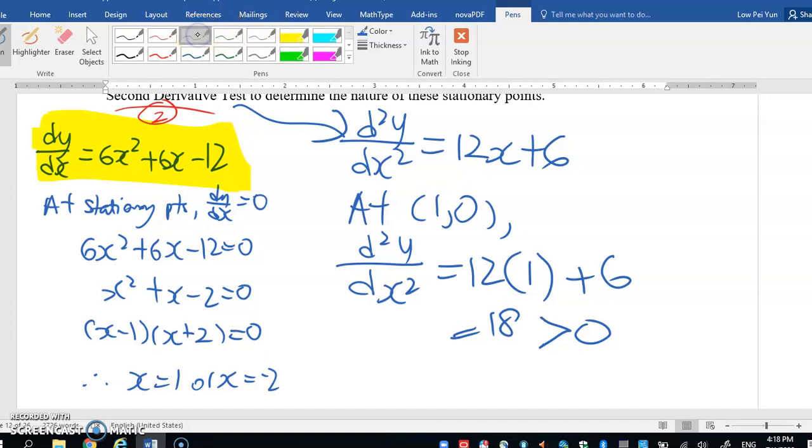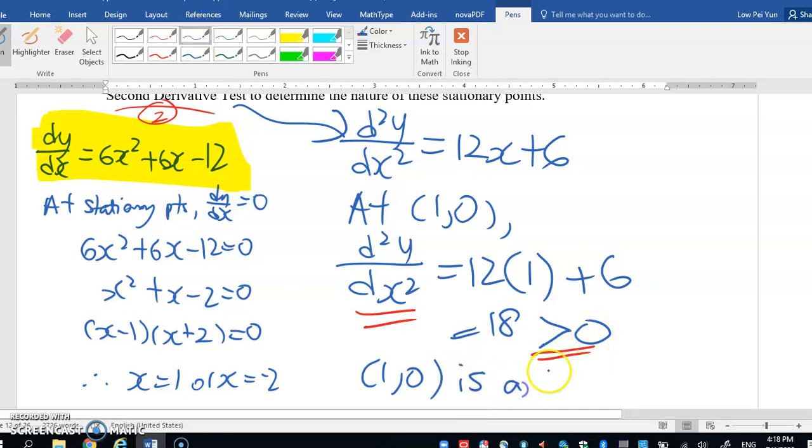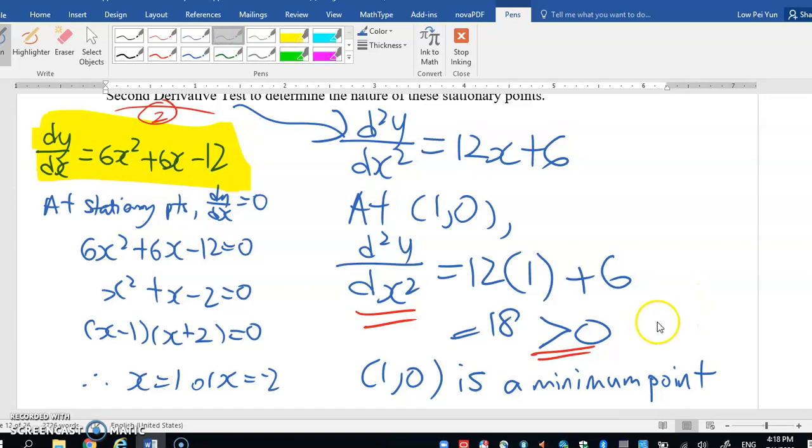Therefore, I can conclude that (1, 0) is a minimum point because the gradient is turning positive. So if I want to explain again, it will be gradient turning positive from negative to 0 to positive. Minimum point. And then let's move on to the next one.